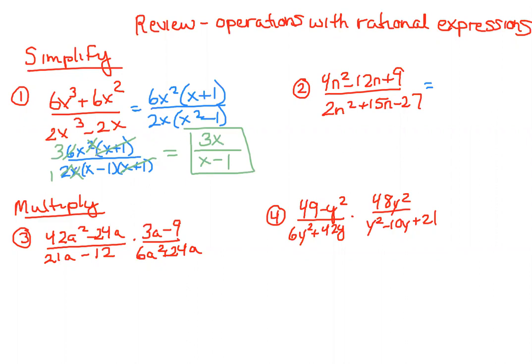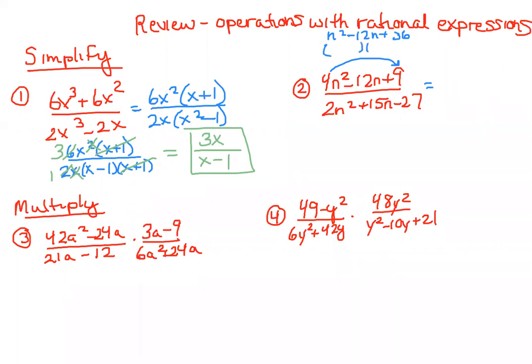We're going to factor these. So this is a yucky one. I'm going to do it up here. We're going to rewrite it as n squared minus 12n plus 36.